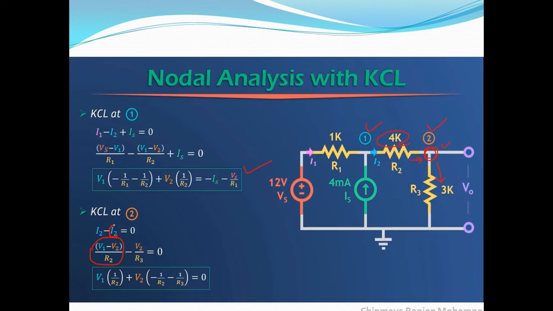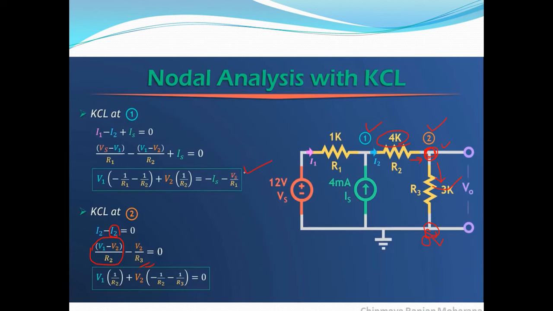And the next is I2, same. Here there is no voltage, that is 0 voltage. That is V2 minus 0 divided by R3, which equals V2 divided by R3.